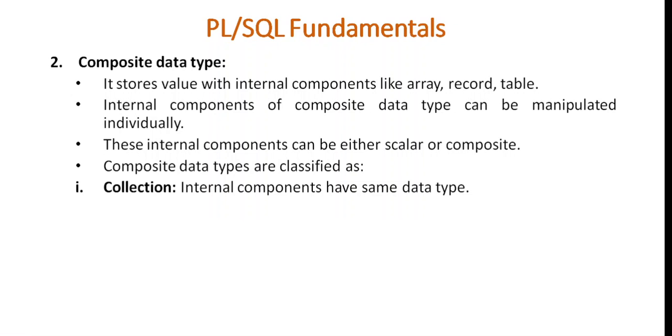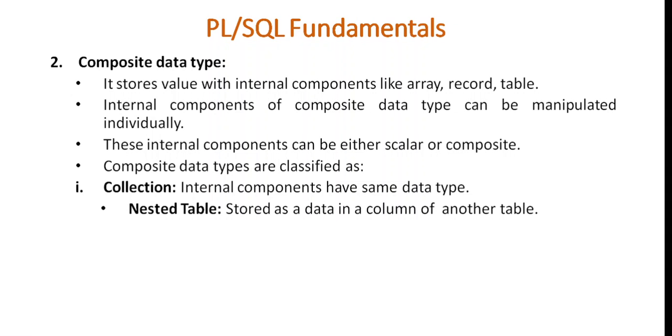Okay, see, composite data type or composite variable is a variable which stores value with the internal components like array. So we have a category of composite data type, that is collection. So collection type of composite data type, in this, the data types of all the internal components are same.